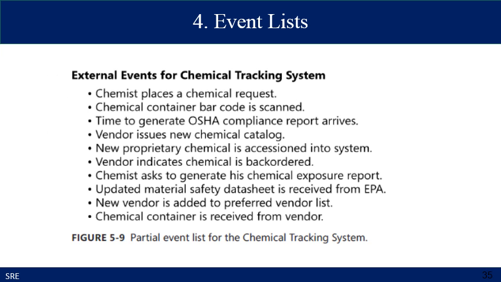So here is an example of a typical system for chemical tracking, and external events are listed. For example, chemist places a chemical request, the chemical container barcode is scanned, a time-generated compliance report, vendor issues the new chemical catalog, new proprietary chemical system is accessioned into the system, and so on.